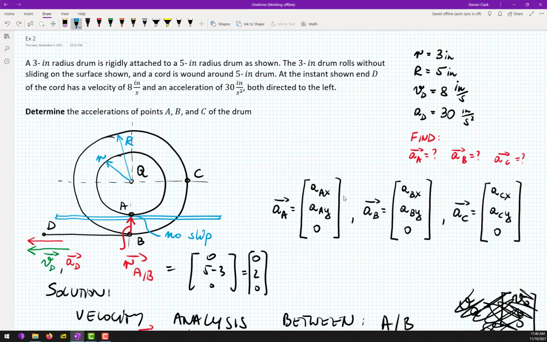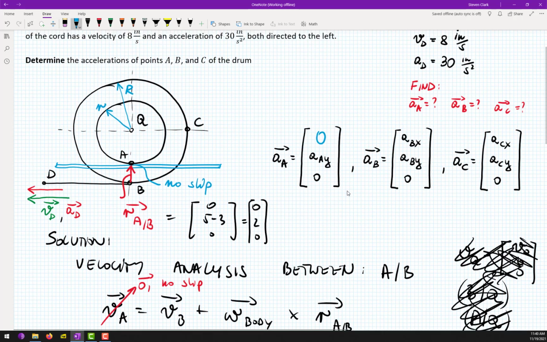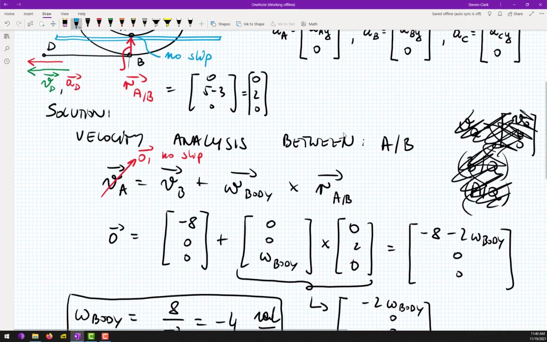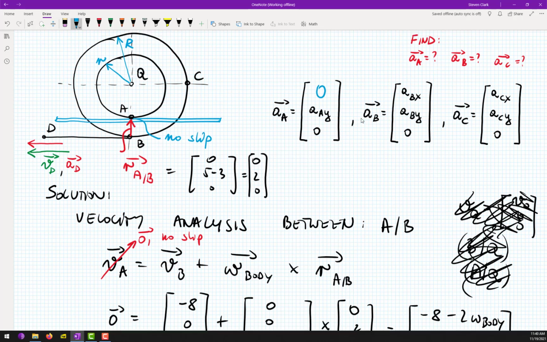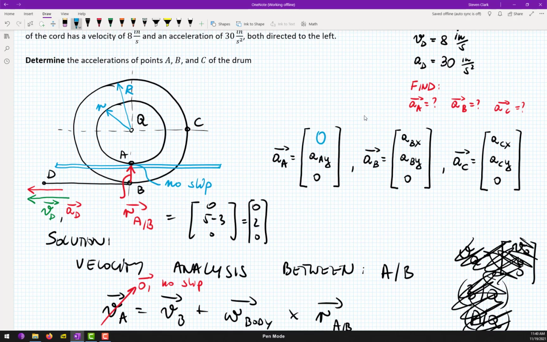Josh? Yeah, that's true. Okay, but we will get there, okay? I see. Okay, it's 0. How about point B also? Can you tell me something about these 2 values?